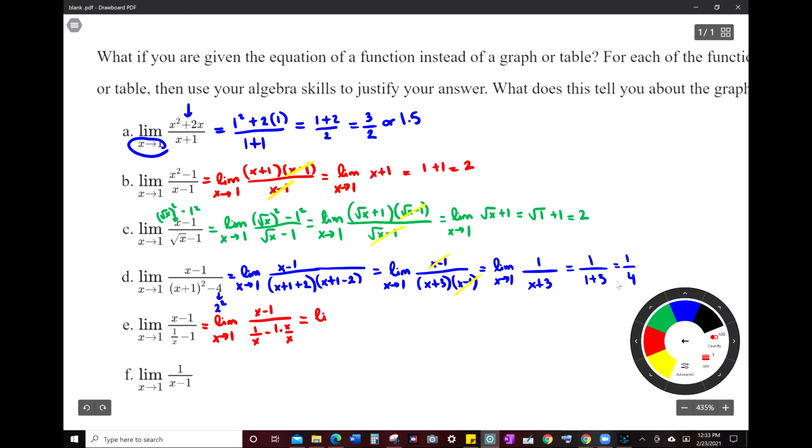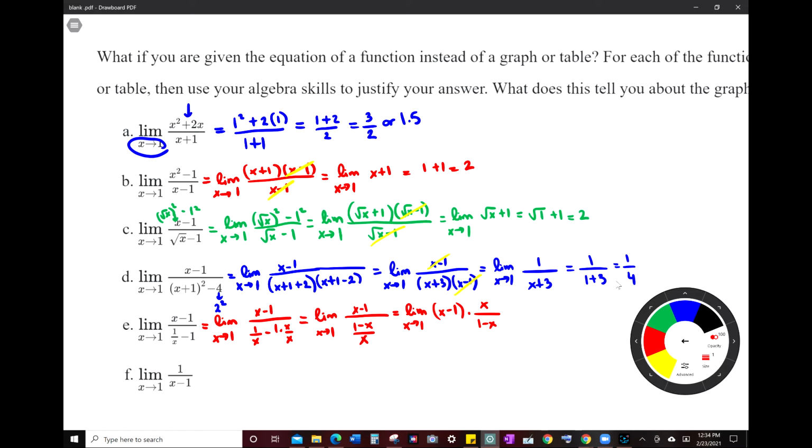That gives us limit x equals to 1, x minus 1, and then 1 minus x over x. And then we can rewrite it as x minus 1 on top multiplied by the reciprocal of the second fraction, which is 1 minus x, like this.